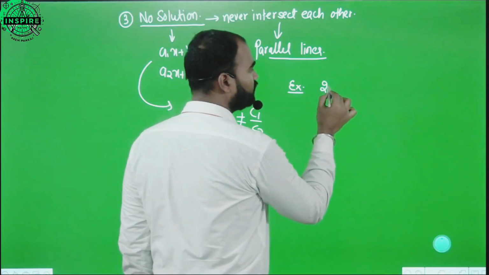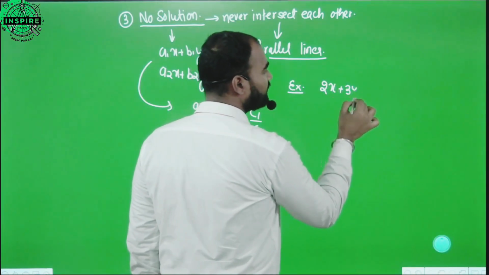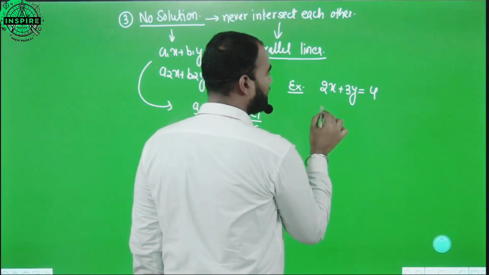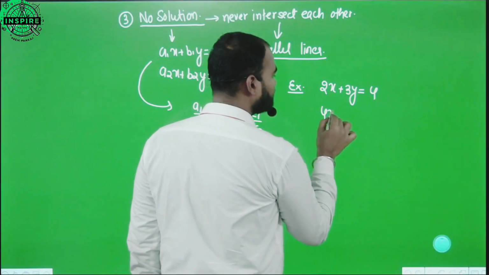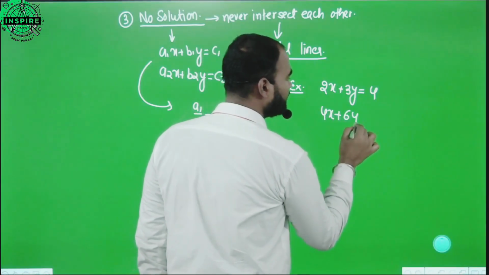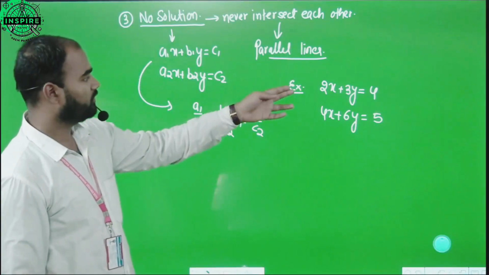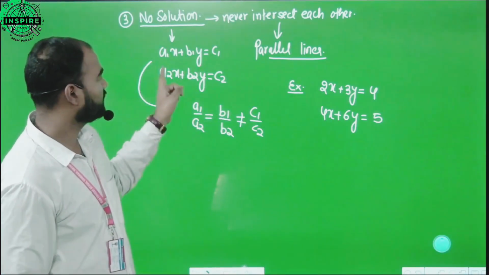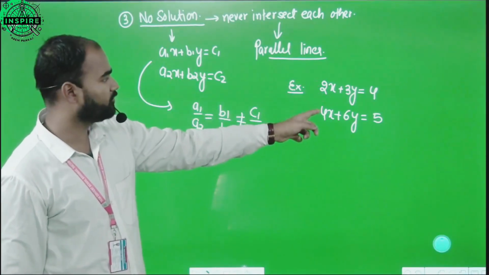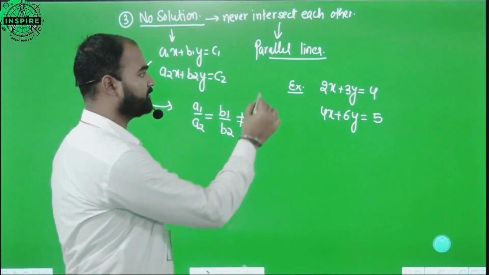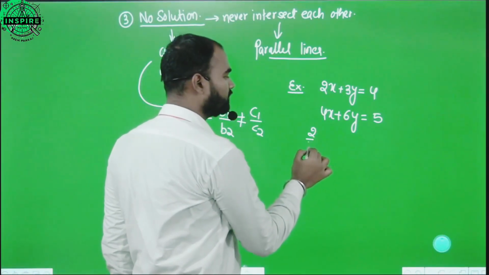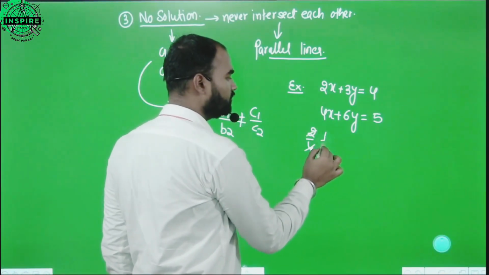Okay, so let's take an example. If we take 2x plus 3y equals 4 and 4x plus 6y equals 5, we can take a1, a2, b1, b2 and c1, c2. The ratio for a1 upon a2, that is 2 upon 4, gives 1 upon 2.